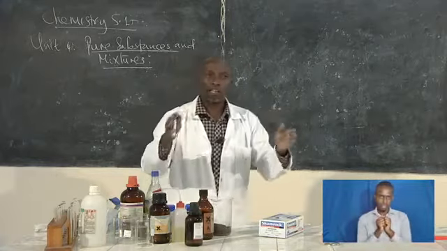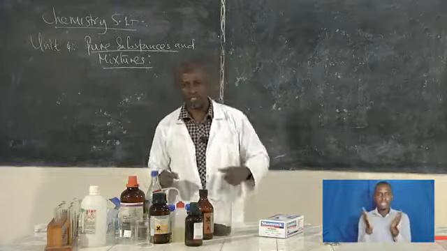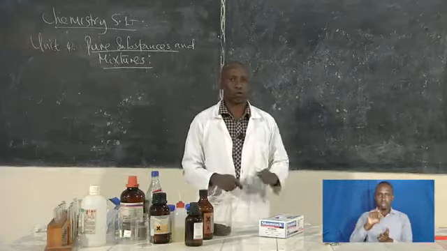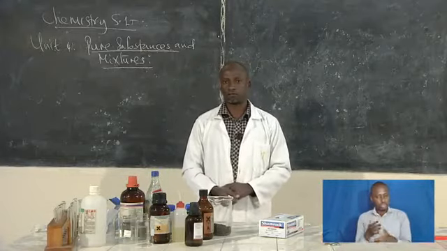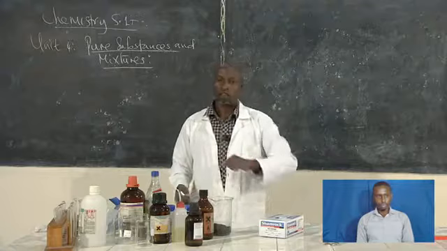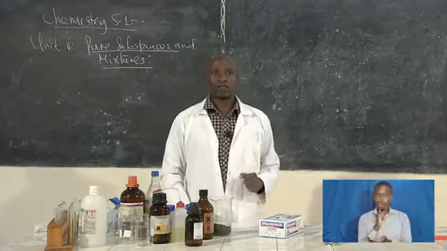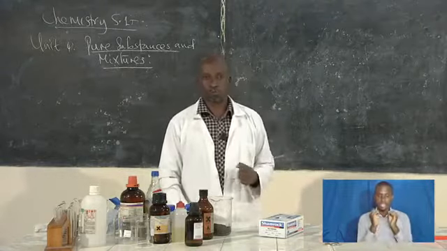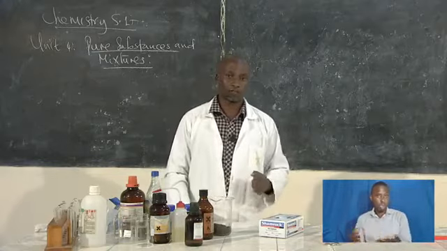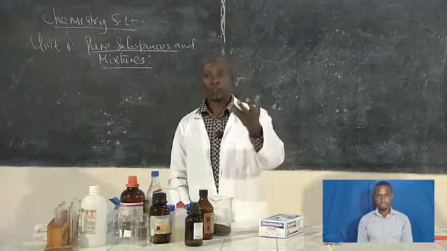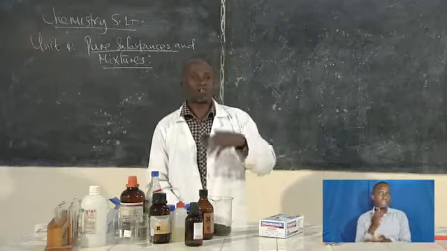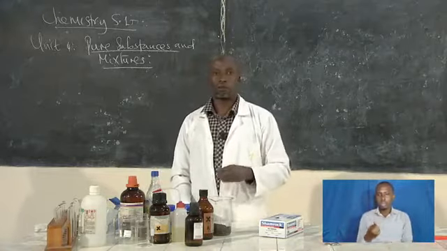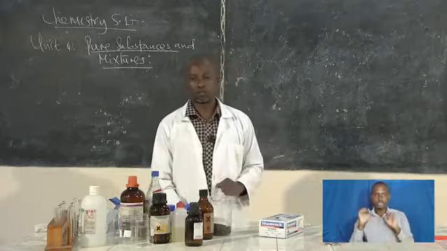Well, it is not very easy to tell whether a substance is pure or a mixture. Sometimes there are mixtures that you can easily tell, but there are some that you may not.